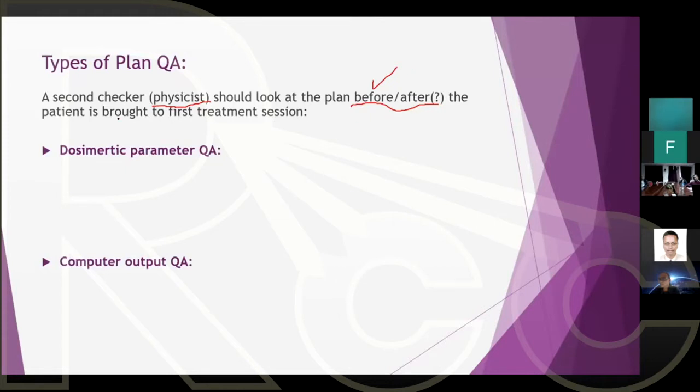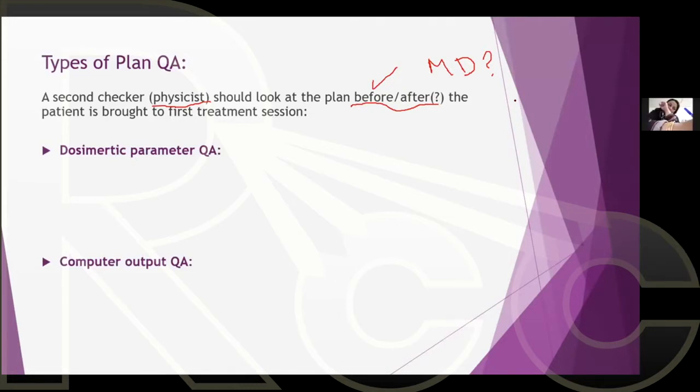Now, the other question is, when do you check the plan? Before or after the radiation oncologist approves it? According to my experience over so many years, working in different hospitals, some hospitals say, I want the plan to be second checked by a physicist before the radiation oncologist approves it.